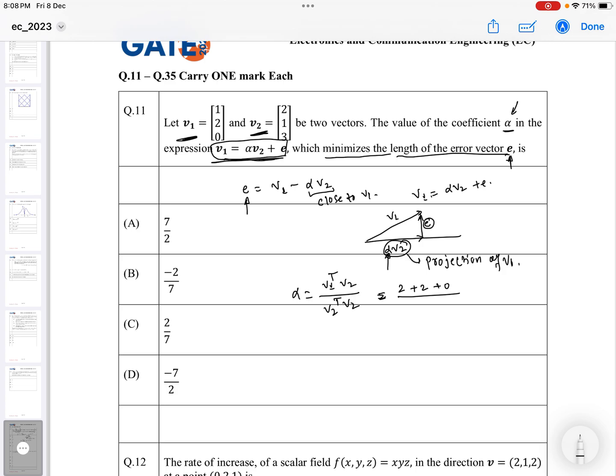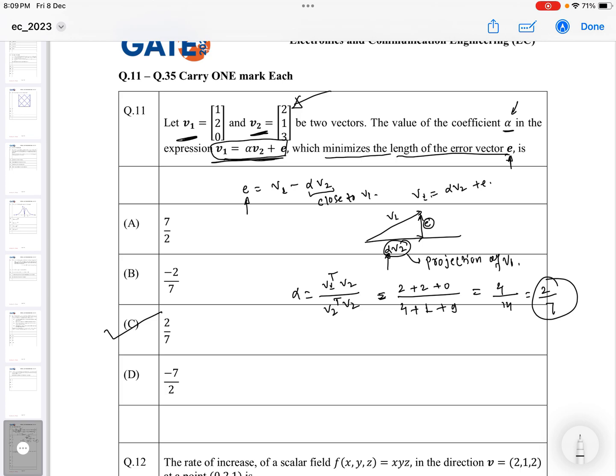And v2 transpose v2 is 4 plus 1 plus 9, so 4 divided by 14, that is 2 divided by 7. So the correct answer for this question is option C, that is 2 divided by 7, right?